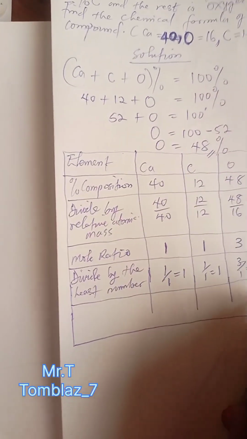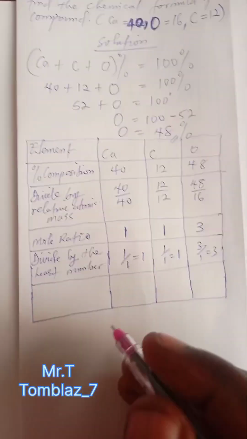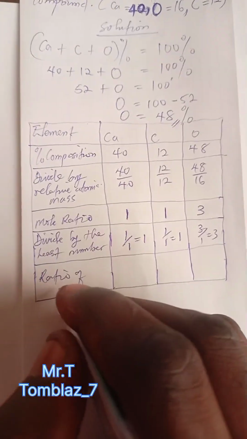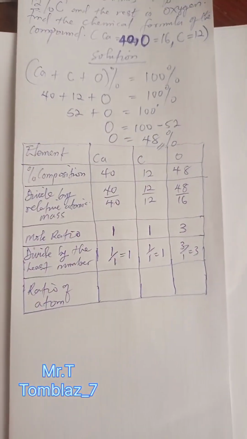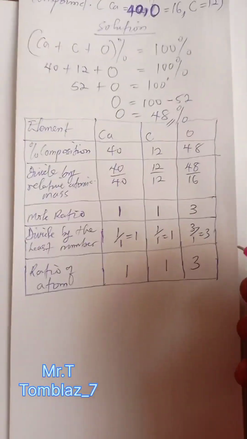So the last but not the least aspect of the table, we're going to be having the ratio of atoms. The ratio of atoms is 1, 1, and 3 from the answer we've gotten.